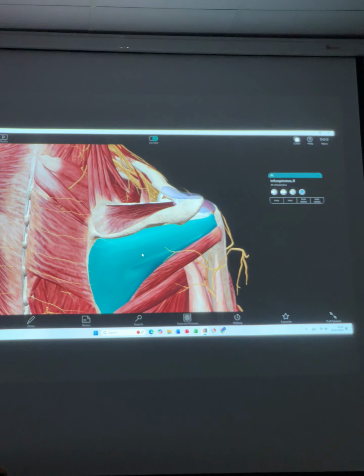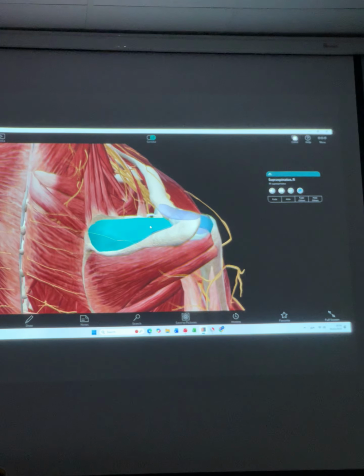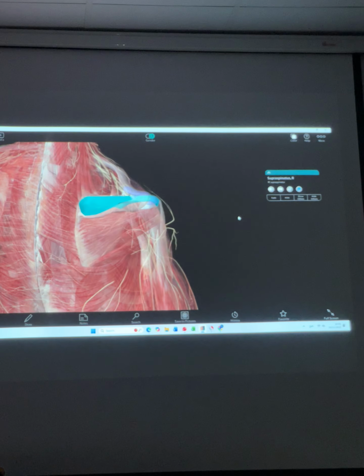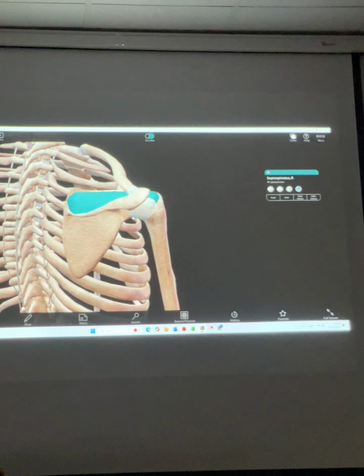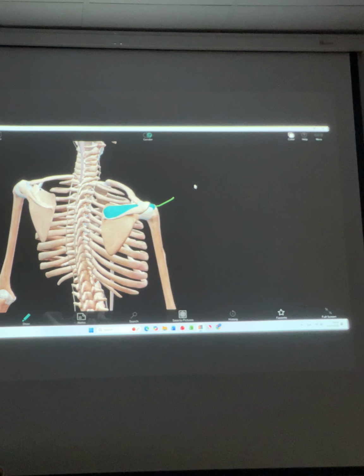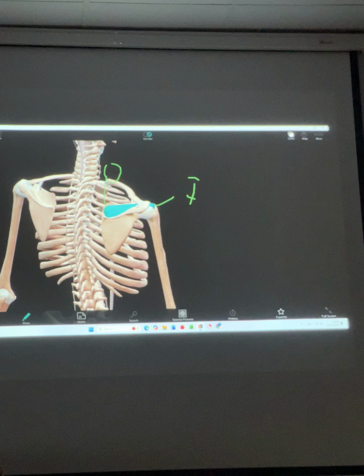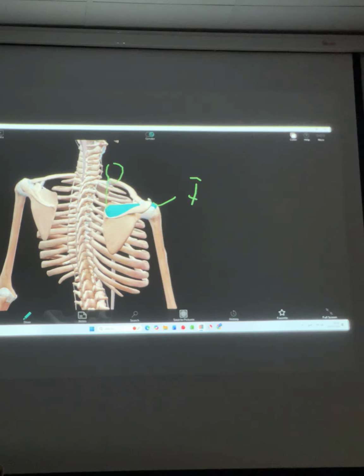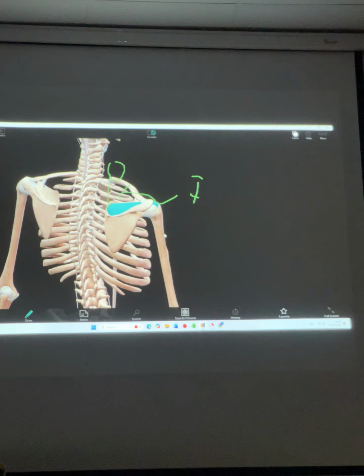Did you understand? Okay, now let's speak about the supraspinatus. The supraspinatus muscle will move the shoulder. How? This one is insertion. This one will be what? Origin. Which one is moving? Insertion. To where? Origin. So it will go like that, right? So what will happen with my hand?